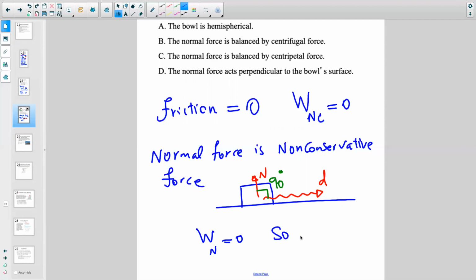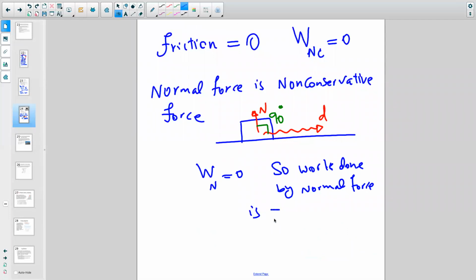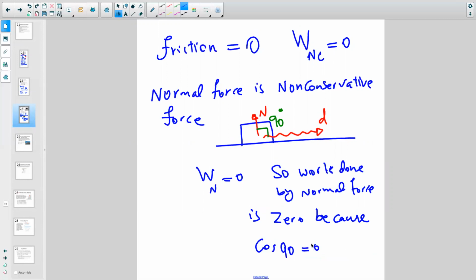So the work done by the normal force is 0 because the cosine of 90 degrees is 0. And that's why.